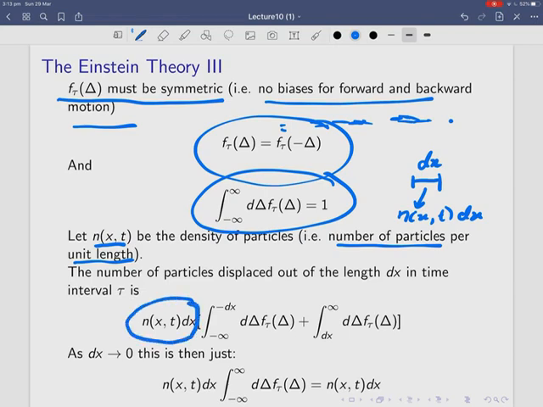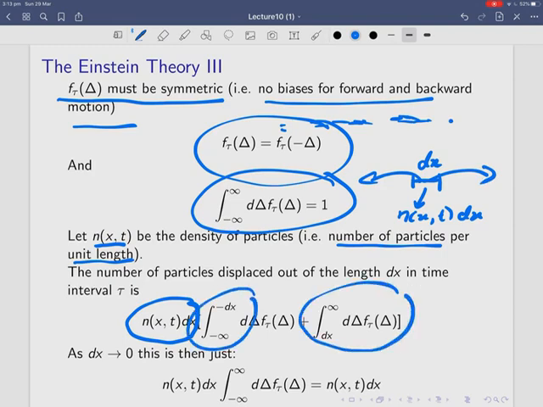That's the number of particles, and we want to look at the fraction that are displaced out of it. Very roughly, that fraction is the fraction which will move backwards by more than dx, or forwards by more than dx. That's the fraction moving backwards, that's the fraction moving forwards.